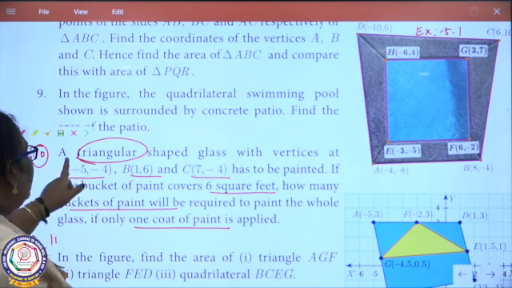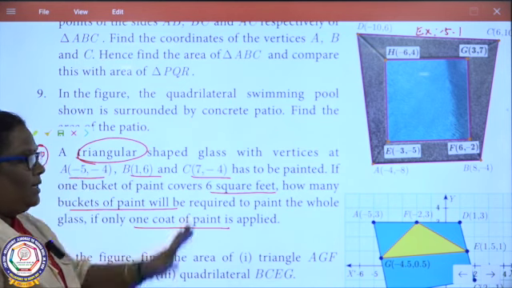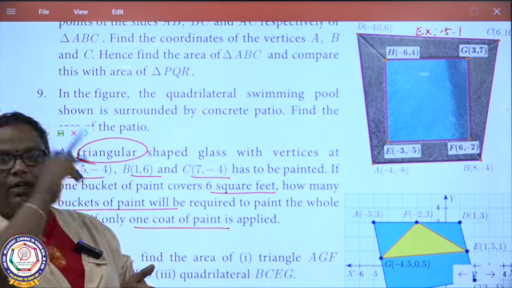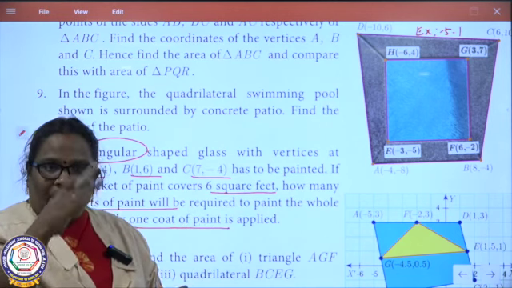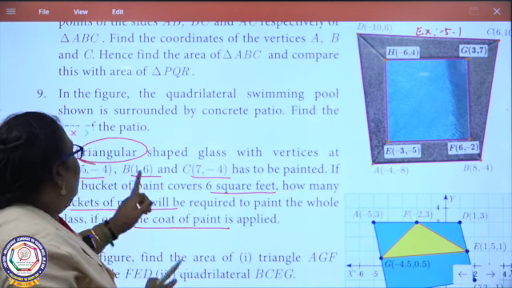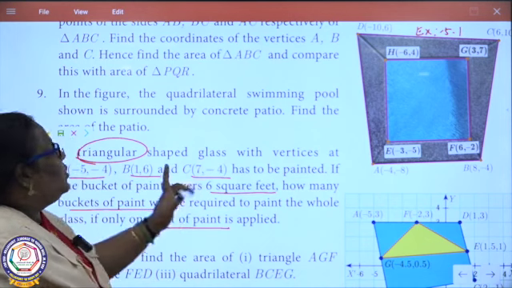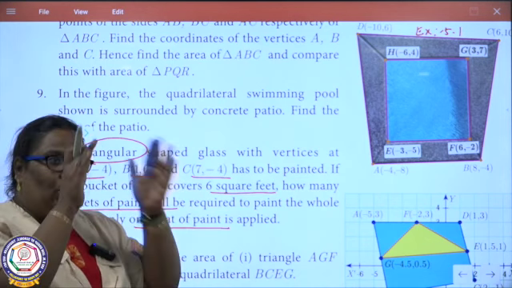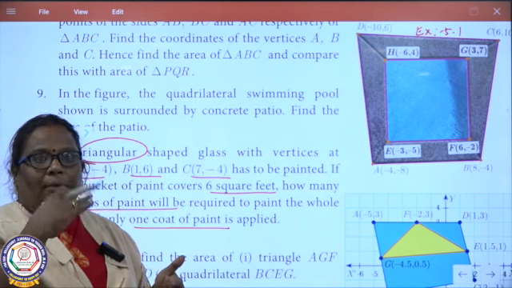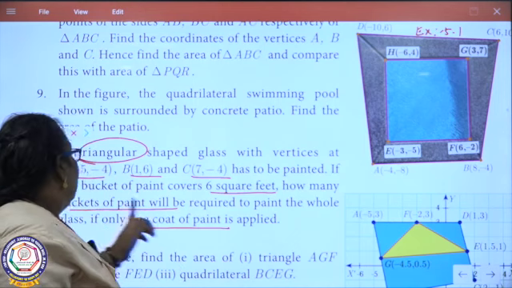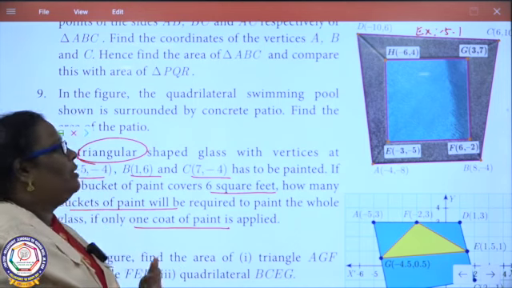Once again I repeat, it is a triangular shaped glass, 3 vertices are given, and it has to be painted. One bucket covers only 6 square feet, so how many buckets will be required, we have to see here.